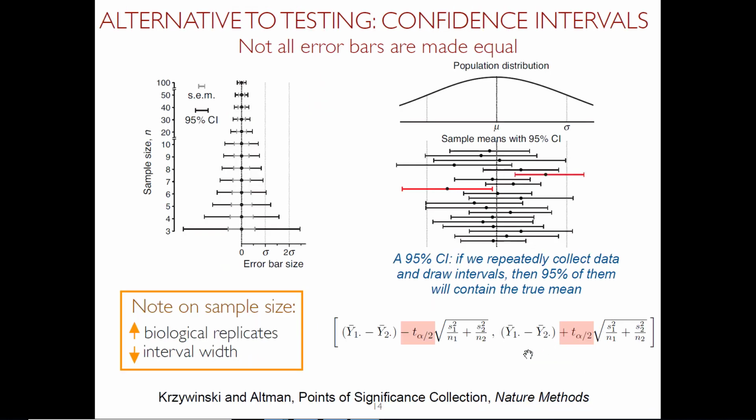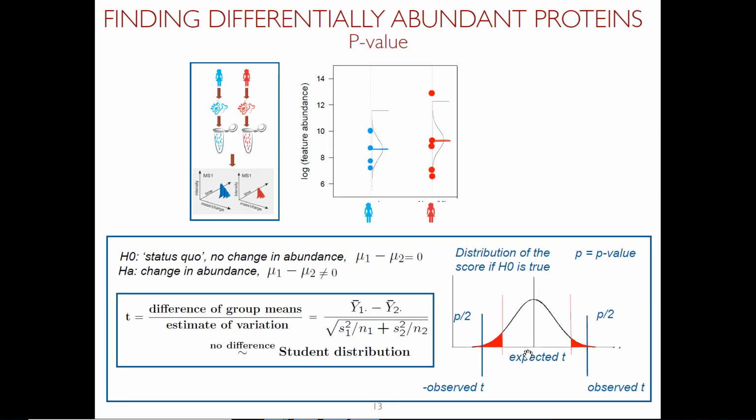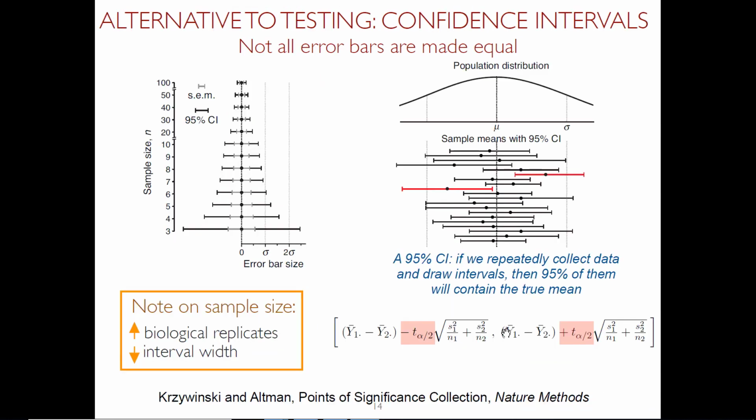The confidence interval is built exactly from the same argument, where we know what is the expected range of the signal-to-noise value if we didn't have a difference between the 2 groups. But now we flip it, right? We keep this on the right, we take this and we multiply it by this cutoff that we have here. And it gives us a confidence interval. So this is our signal plus minus our noise multiplied by this cutoff.